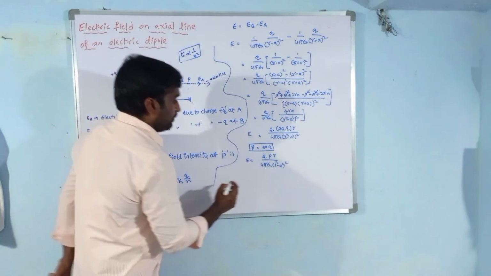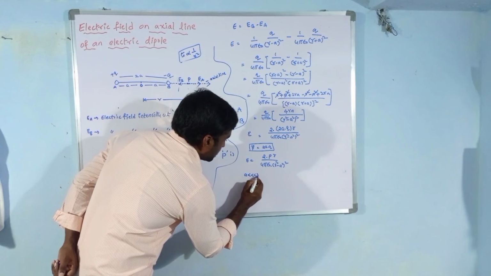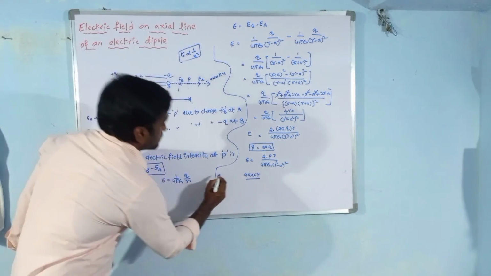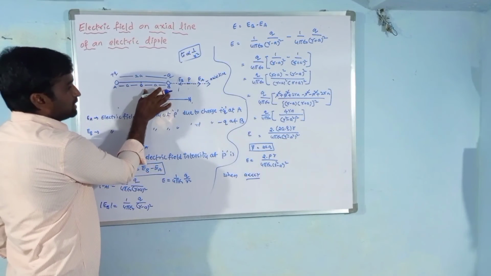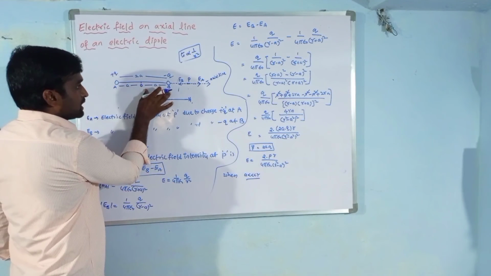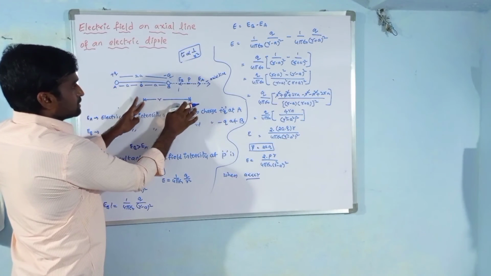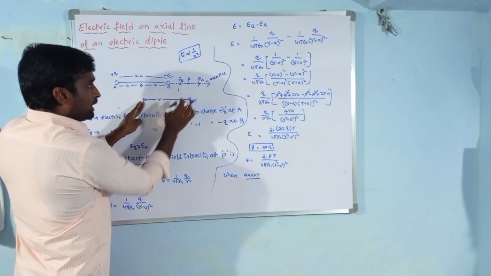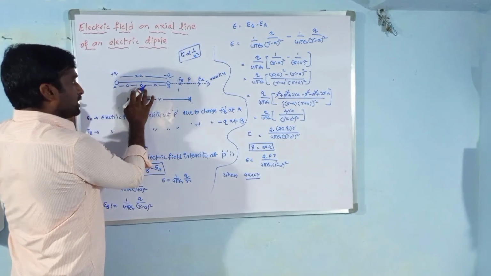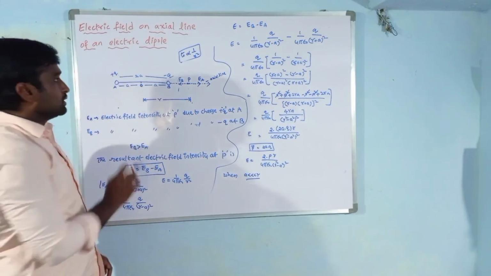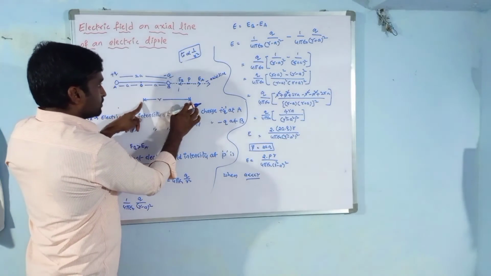Okay, when A is very much less than R, where A means the distance between these two, and R is the distance between the midpoint of the dipole and point P, this distance is very much less than this distance.